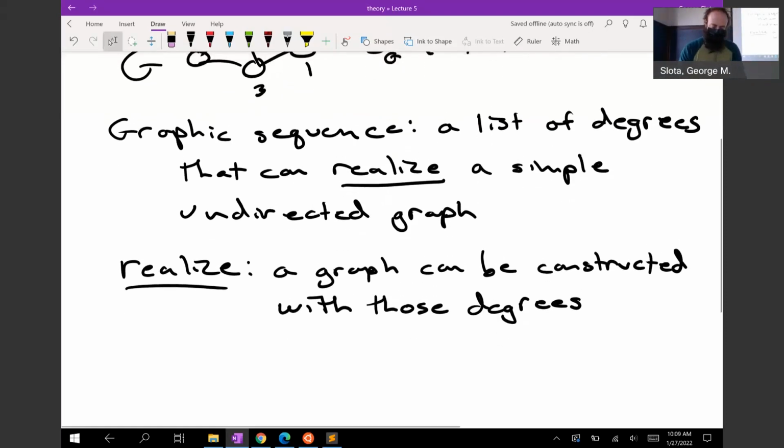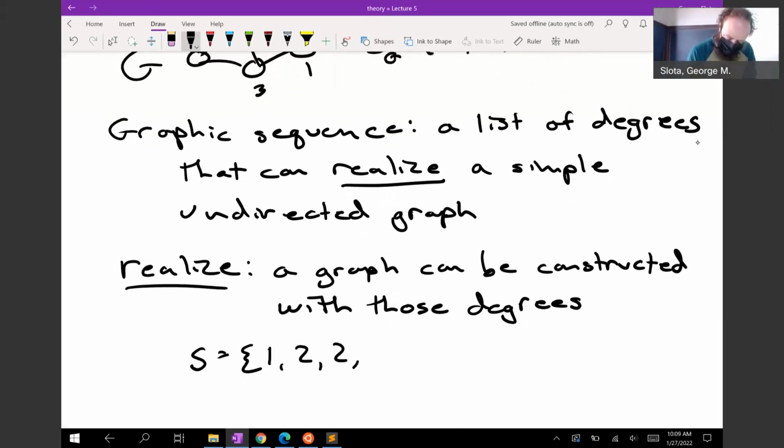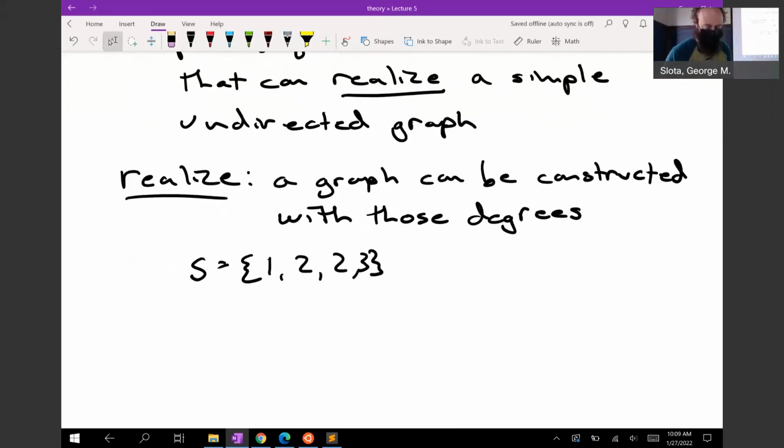So if I just gave you this sequence, three, closed bracket, got those a little mixed up there. Good. So if I gave you that sequence, can a graph be constructed with those degrees? Yes, obviously.